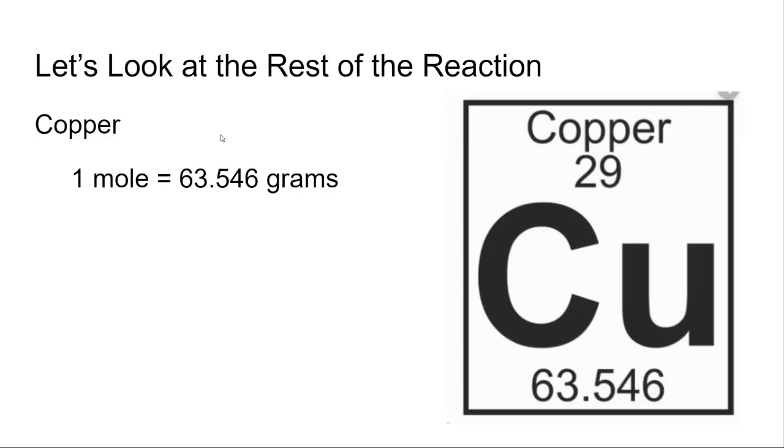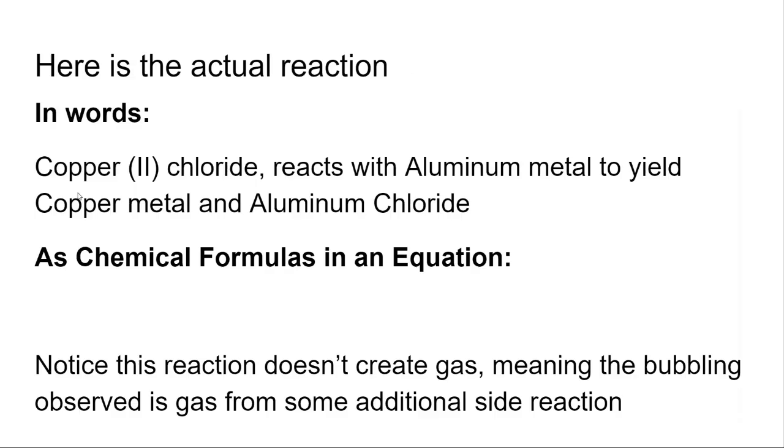So if I massed this much copper, I would have a mole of copper atoms. That is why I can set these two things equal to each other. This now gives me a conversion factor that allows me to go between grams and moles when I'm working in the lab.